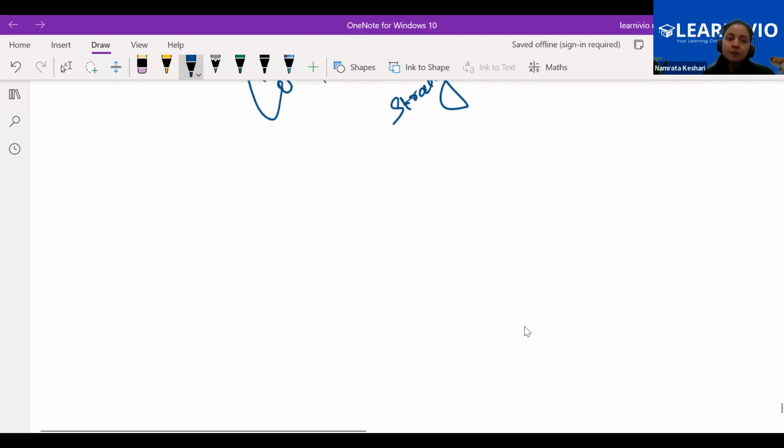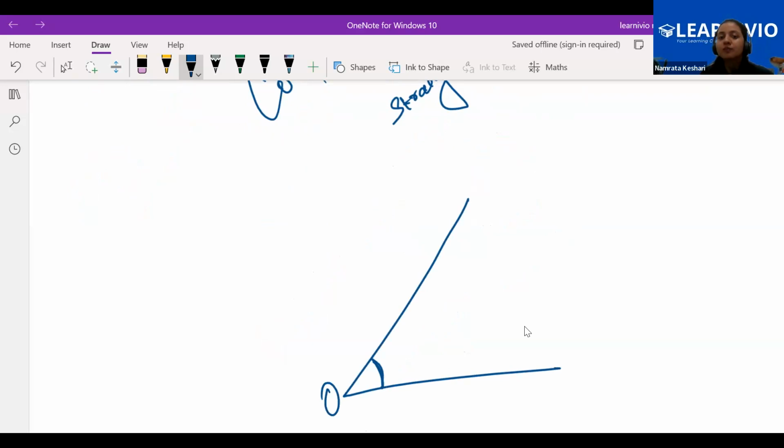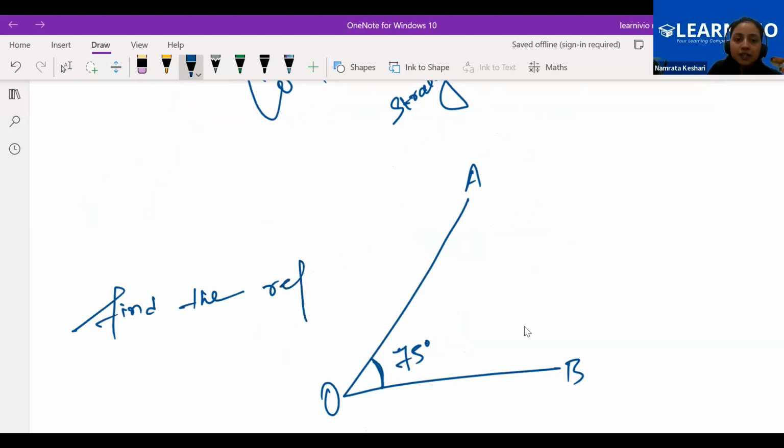Now reflex angle. Suppose I am making an angle over here. Let's say this is O, A, O, B. This angle AOB I am showing as, let's say, 75 degrees. And the question is: find the reflex angle of angle AOB.